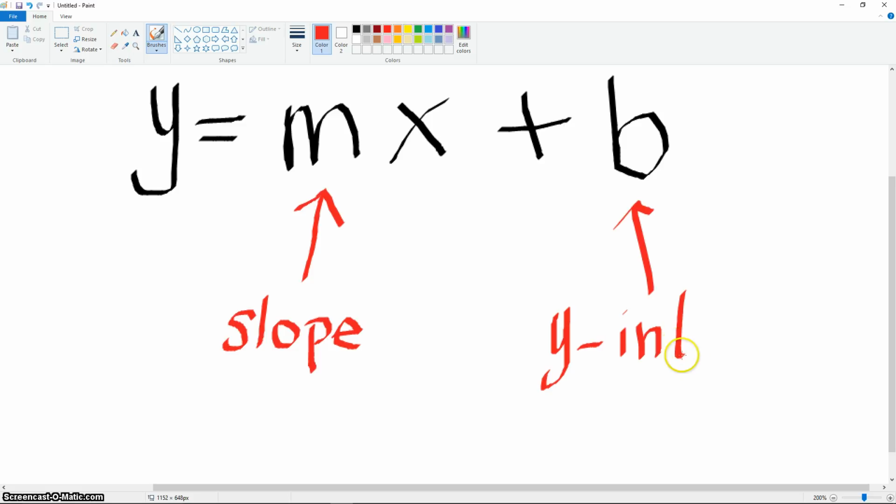Just a little side note that I usually like to tell my students is that a lot of people ask, why is M a representation of slope? Traditionally someone would say, wouldn't it be the letter S for slope? The reason is that one of the founding fathers of algebra or calculus was Descartes, and he was actually French.